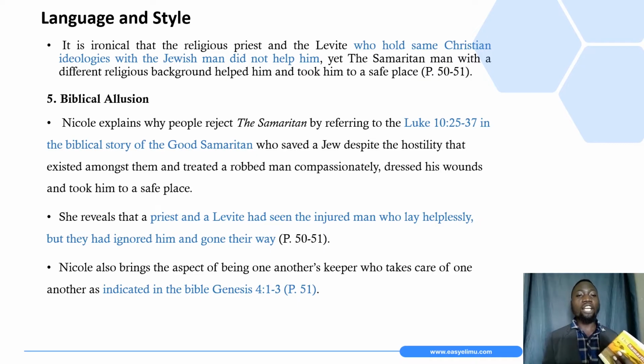So it is also ironical that the religious priest and the Levite, who hold the same Christian ideologies with the Jewish man, did not help him. Yet the Samaritan man, with a different religious background, helped him and took him to a safe place. When we talk about religion, Christians must come together and help fellow Christians.